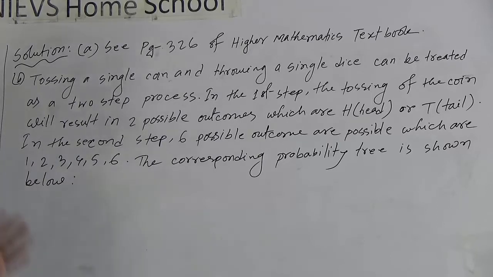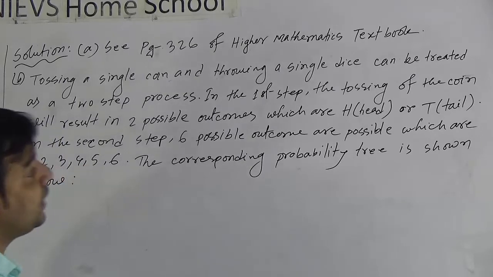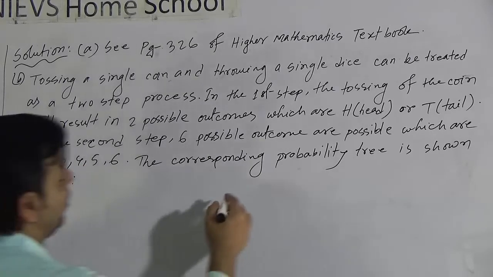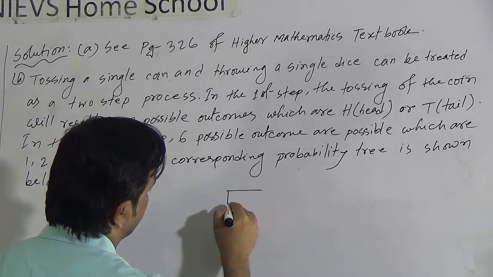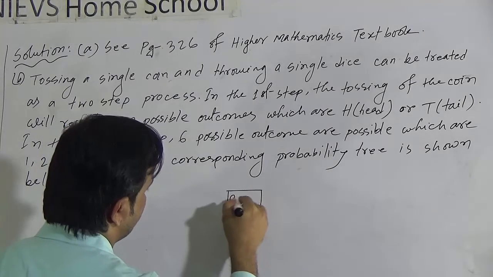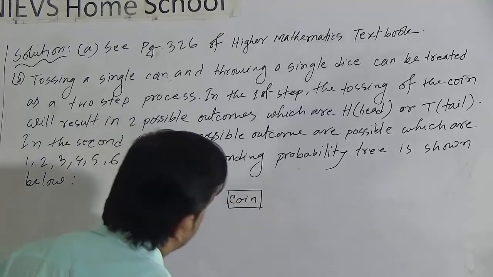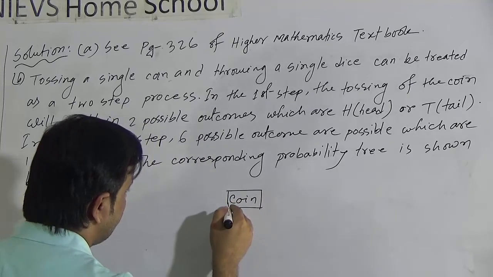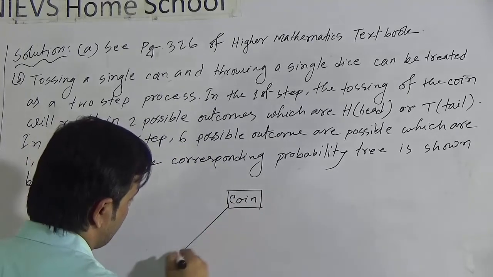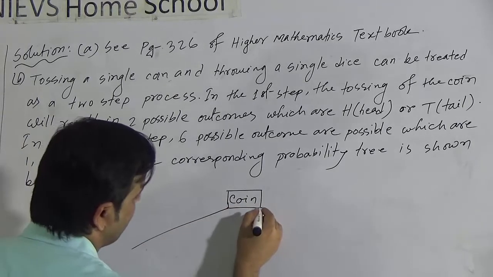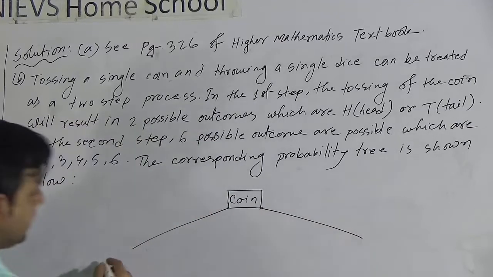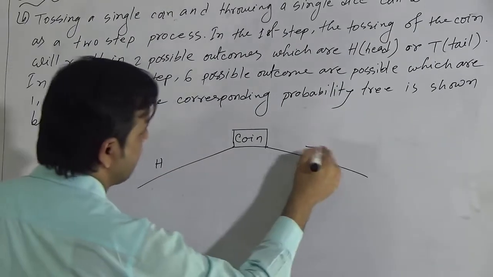So we will show the probability tree here. As at first we have tossed a coin, so we can write here a coin. If we toss a coin, we will get two outcomes. One is head, another is tail.